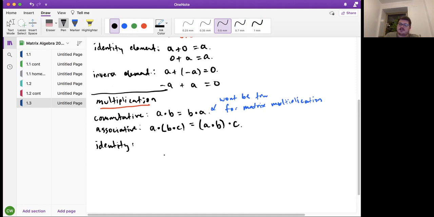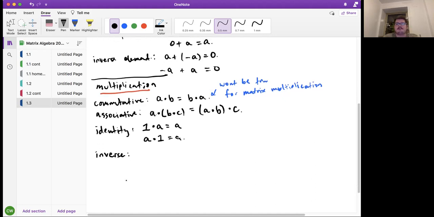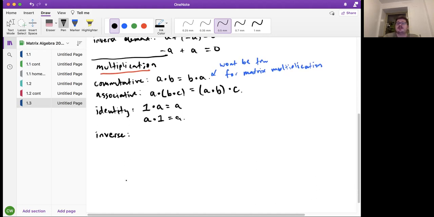What do you multiply a number by so it doesn't change? 1. 1 times a is equal to a, and a times 1 is equal to a. And what's the inverse? What do you multiply a by to get 1? 1 over a, yeah.